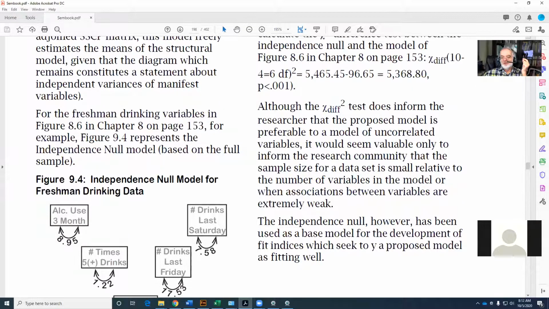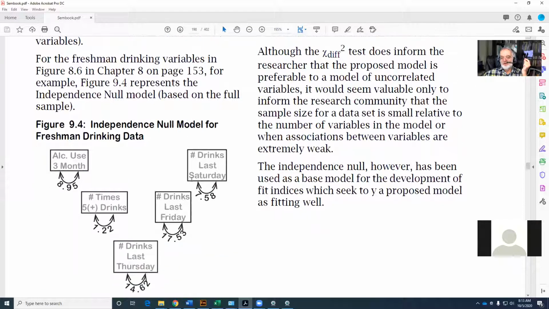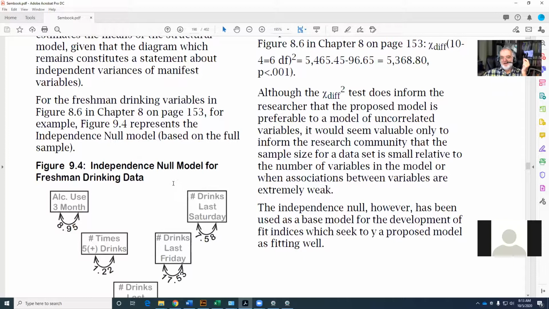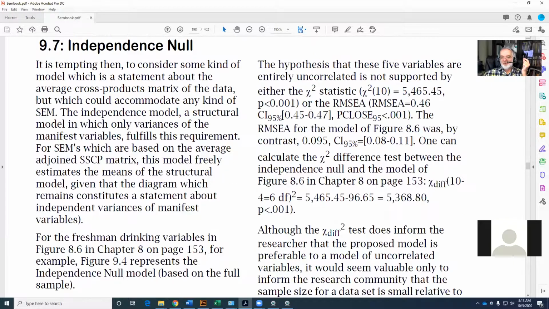Now, it's pretty weak tea. This, as a very parsimonious model, is probably going to be rejected in any data set that you have. It is possible for you to test a chi-square statistic relative to that independence model.